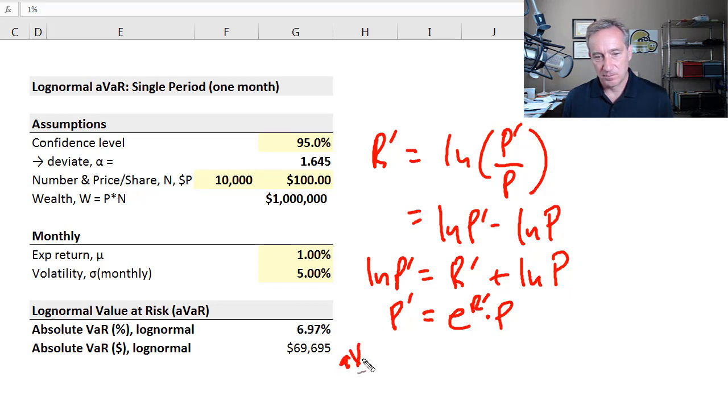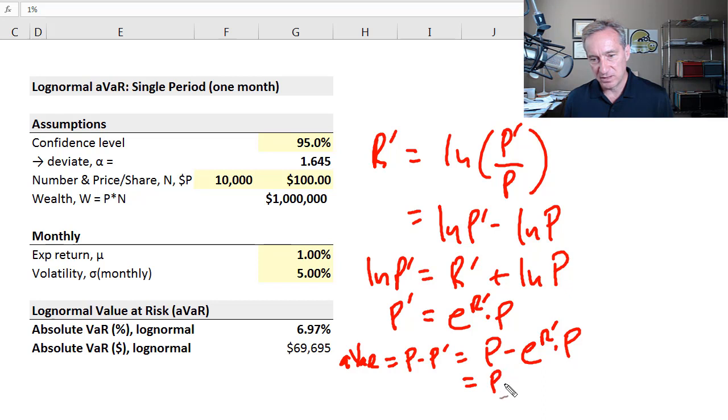And then my absolute VaR is going to be equal to P minus P asterisk, which is P minus E raised to the geometric return multiplied by P, which equals P multiplied by 1 minus E raised to my geometric return.